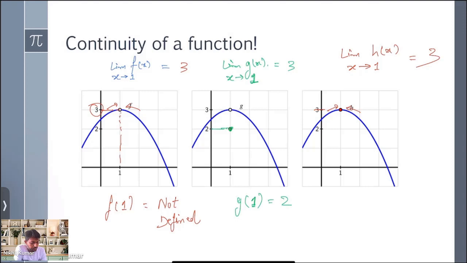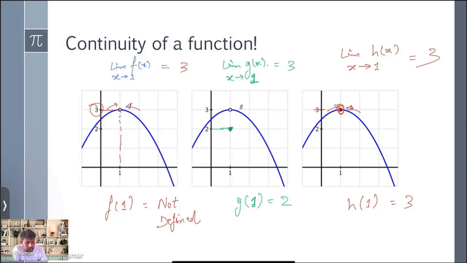What is the value of this function h of x at x equal to 1? This time, this function is defined. You see this circle, it's filled, it's a solid circle. The value is also 3.